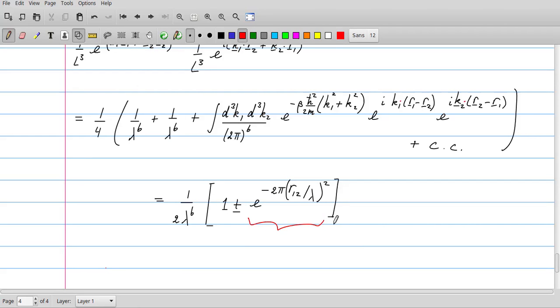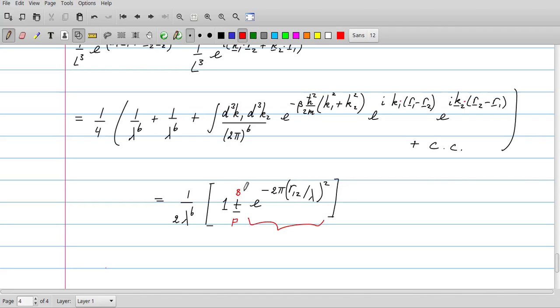And we see that if r12, that's the distance between particle 1 and 2, is small, if it's typically smaller than lambda, you see that with the minus sign, the probability is reduced. So that means that the two particles don't want to be together, and that obviously corresponds to fermion behavior. So the minus sign corresponds to fermions. The plus sign gives an enhanced probability for two particles to be close, and that's due to the boson statistics.